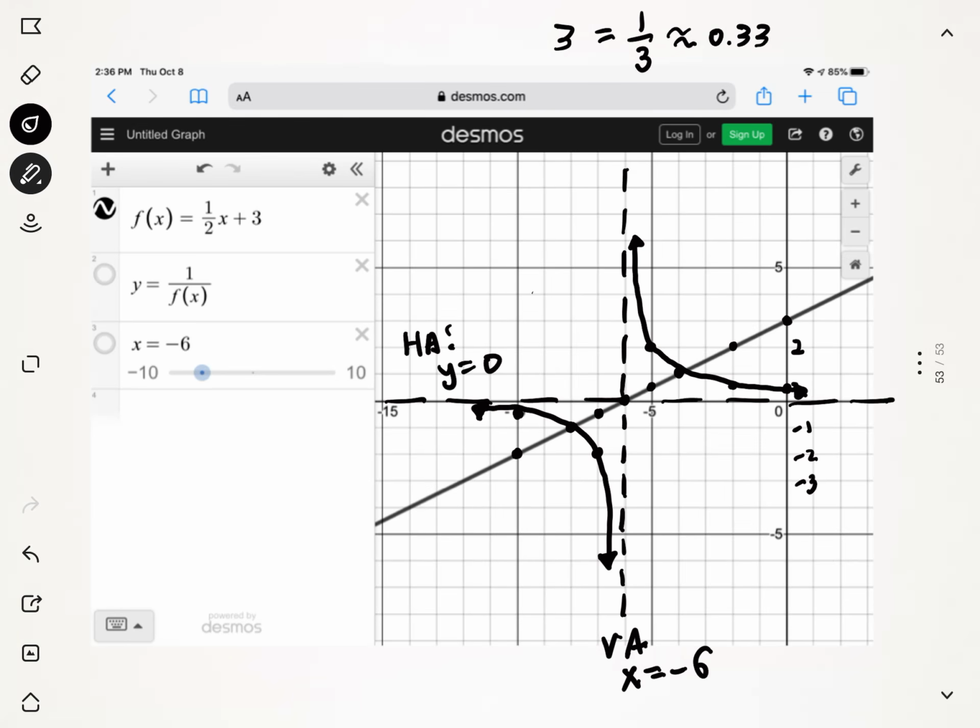Let me write this in a little better here. Horizontal asymptote of y is equal to 0. You're going to see that horizontal asymptote a lot, but the vertical asymptotes are going to change. And then these points where the original graph crosses the new graph, they'll always have y coordinates of 1 and -1.